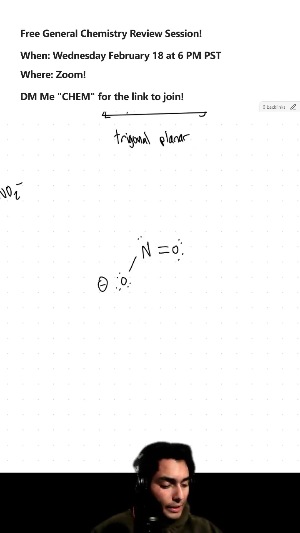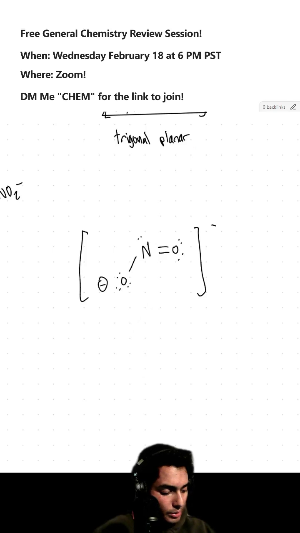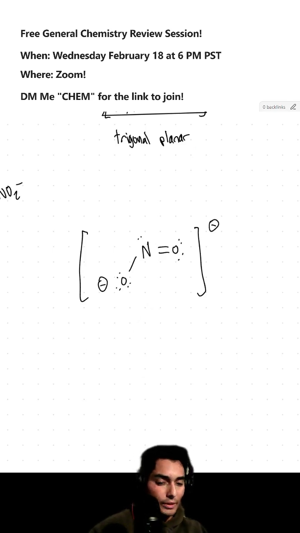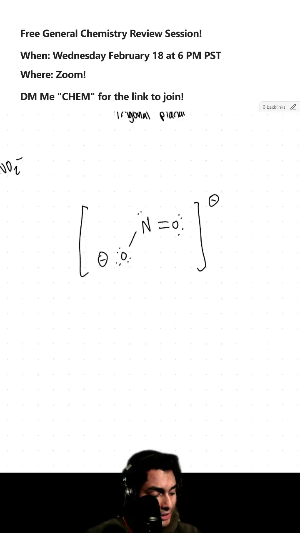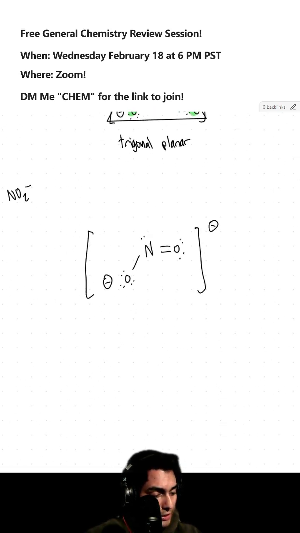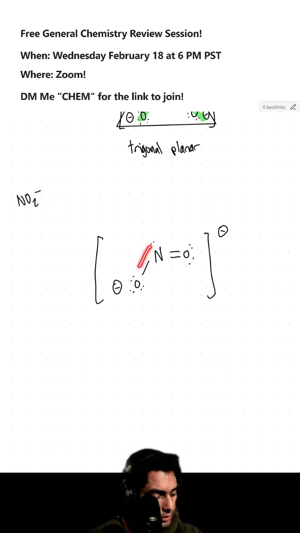So this is my nitrite ion. This is going to be a -1 charge. So my nitrite ion, I have N, double bond O, single bond O minus. Okay, so this is my nitrite ion. And so I notice I have this kind of bent structure. It looks like a boomerang.